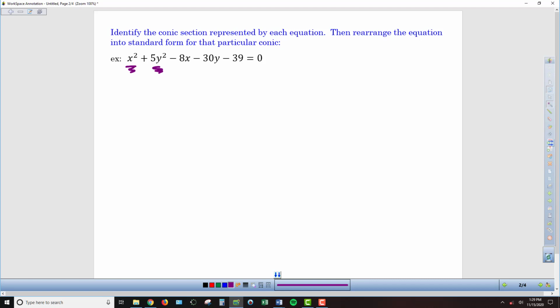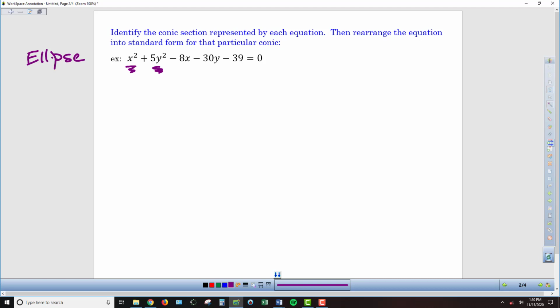We see that we have the same positive or negative sign on both the x squared and the y squared, but different numbers, one as the coefficient in front of x squared, 5 in front of the y squared, which means we are looking at the equation of an ellipse. And so once we've got that identified, now we need to rearrange the equation into the format where we would be able to find its features and graph.